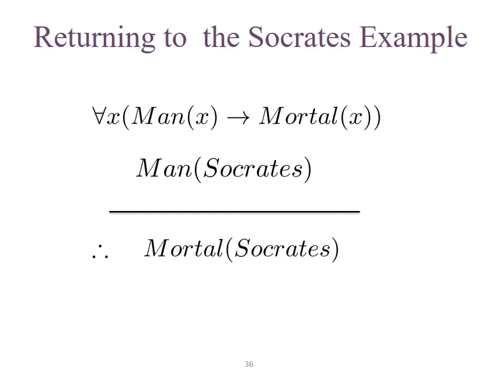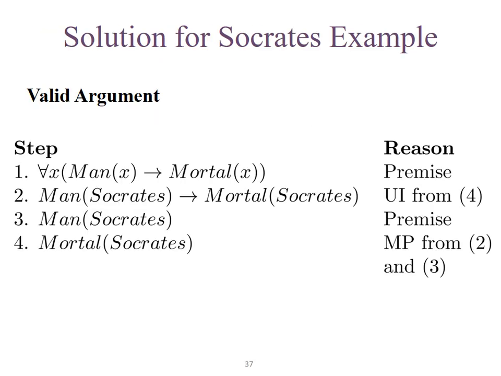All right. Next, let's go back to a simple example. We have seen this Socrates example many times. For all x, if x is a man, then x is mortal, and Socrates is a man, so Socrates is mortal. Now it becomes very simple for us to prove, because for all x, man of x implies mortal of x is our premise.